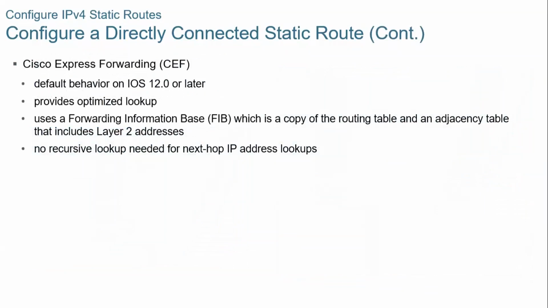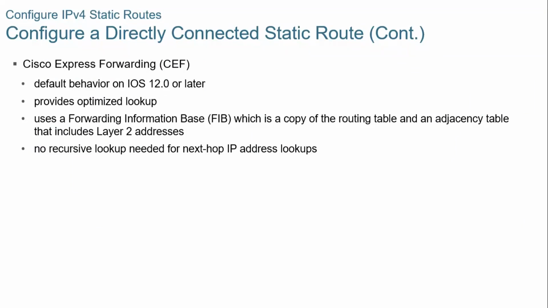Okay. So just now we said that if you are using the next hop IP address, it will do a recursive lookup. But in Cisco routers with the IOS version 12.0 and later, it provides an optimized lookup using the Cisco Express Forwarding.